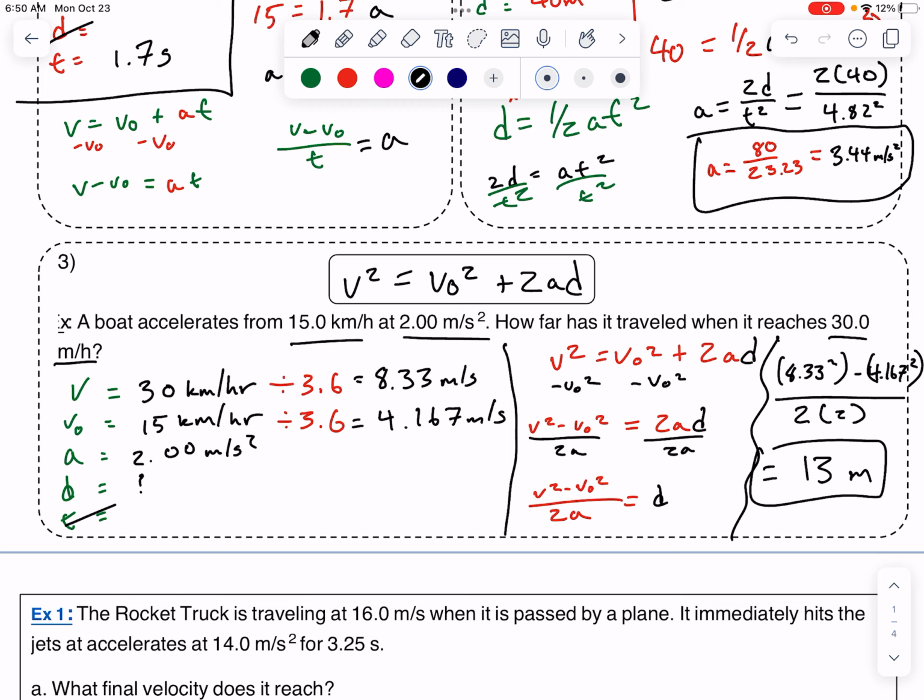So again, you could have just plugged it all in from the beginning and solved. I actually find it's less math to do it this way, but you do whatever you're comfortable with.